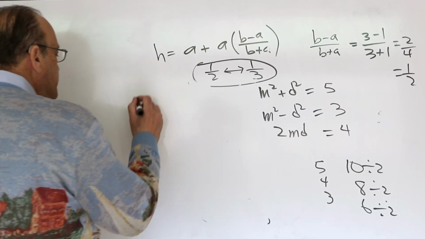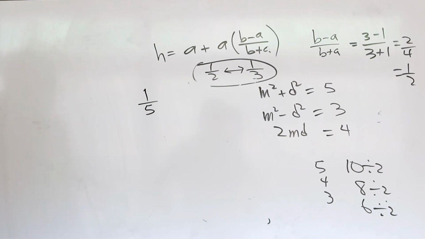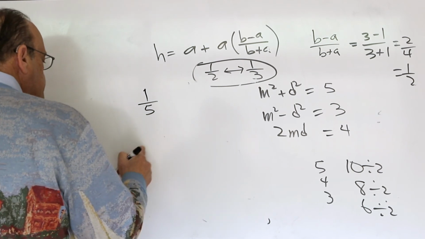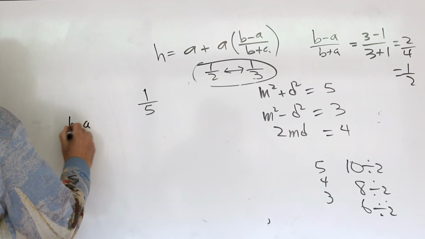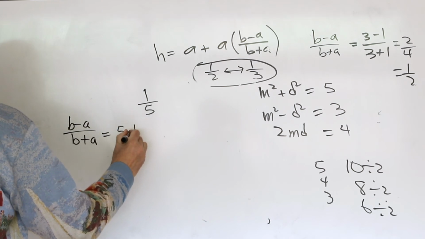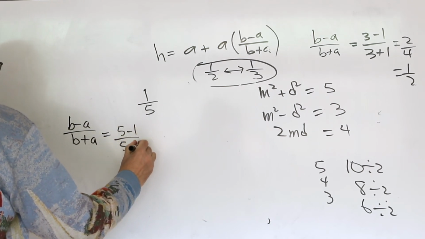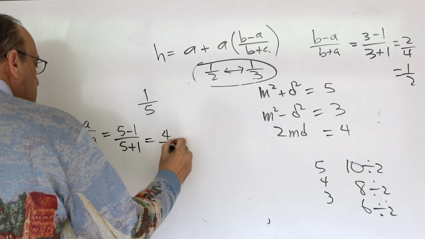Let's start with 1/5. We can go b minus a over b plus a, which is 5 minus 1 over 5 plus 1, which is 4/6, which is 2/3.